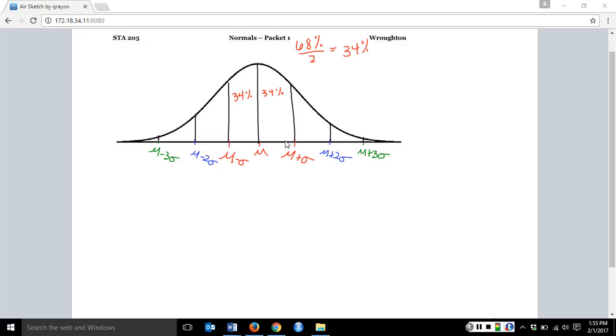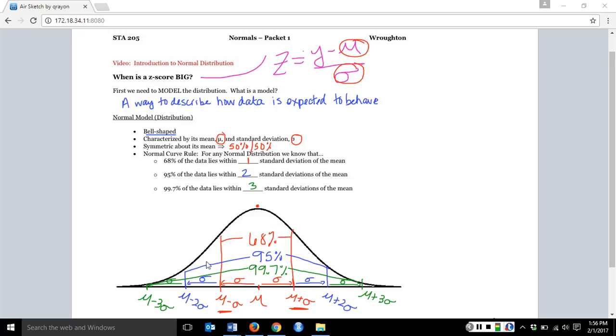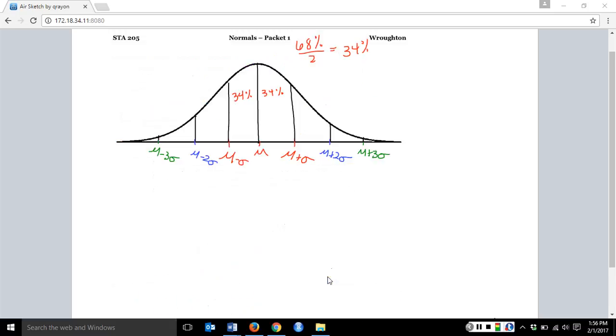Right, now it's going to get a little bit trickier. When I go out from the blue, from our previous picture, we know if we go between here and here, we should have 95%. So between the blue one and the blue one will be 95%. So between these four pieces should be 95%. Well, the problem is I've already put some on here. How much have I put on here? I've already put 68%. So I'm going to first start by subtracting that off. So 95% in all four pieces.